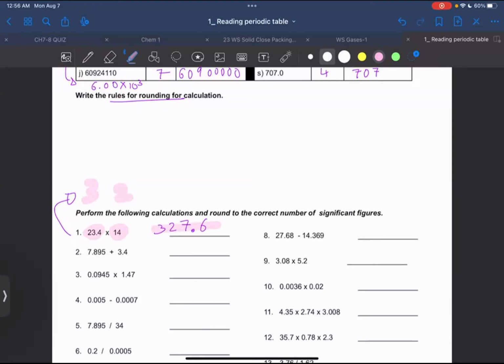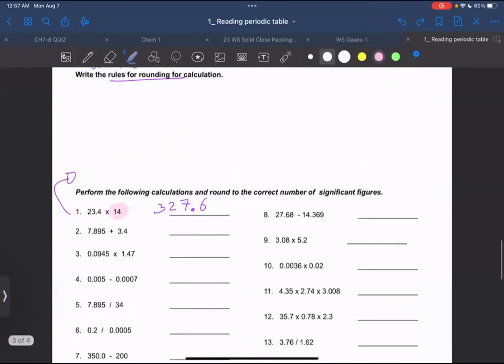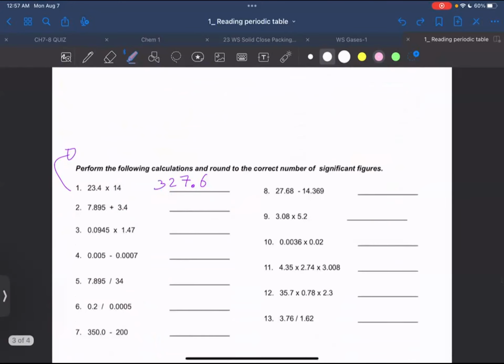So your answer should be in 2 significant figures. So you round it. The next number you're looking at in this case is a 7, so you round up. Therefore, this is going to be 330. There you go, that's a 0.